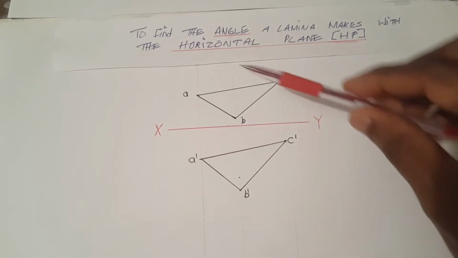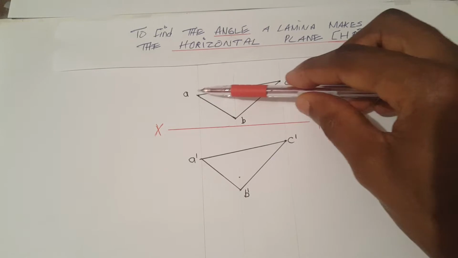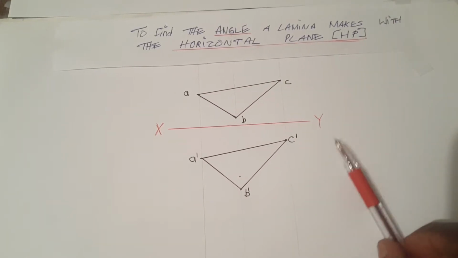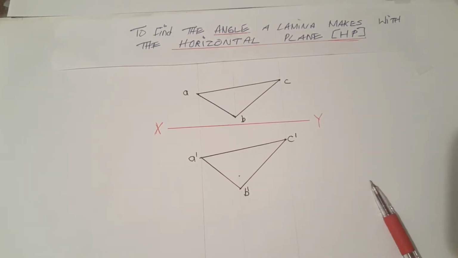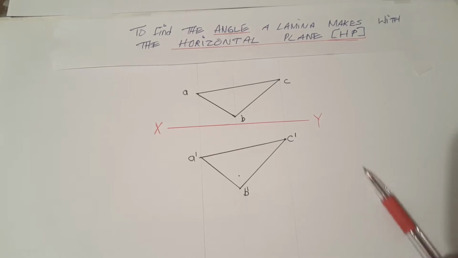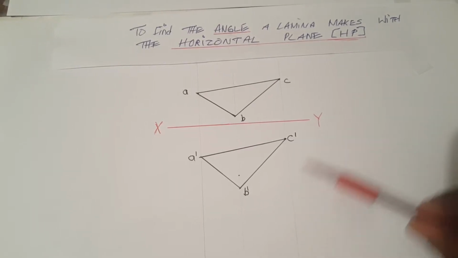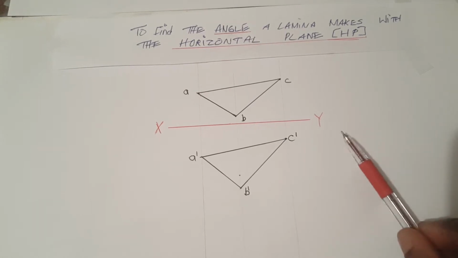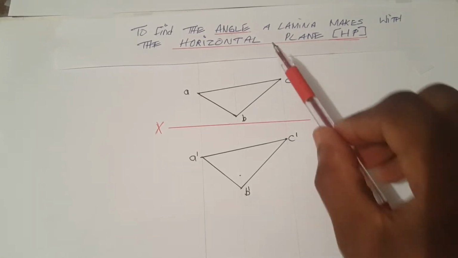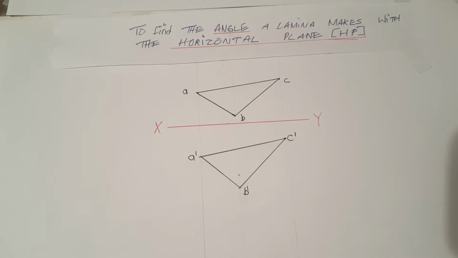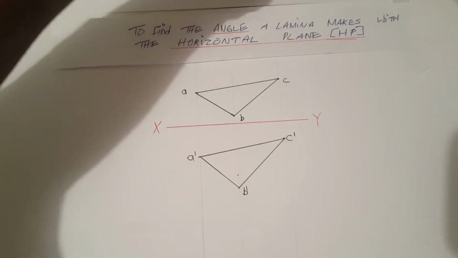We then transfer the distance from the front elevation onto that. That should give us a straight line. We then measure the angle that is formed between the auxiliary inclined line and the edge view to get the angle that the lamina makes with the horizontal plane. Let's work through it.